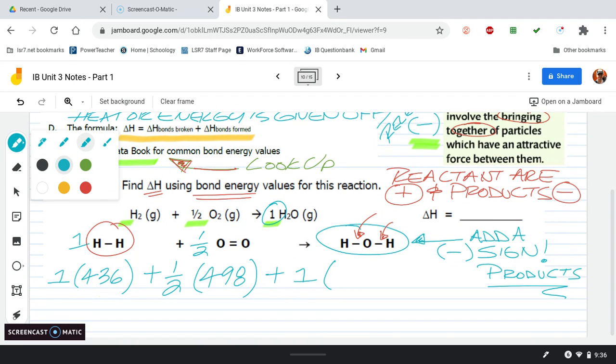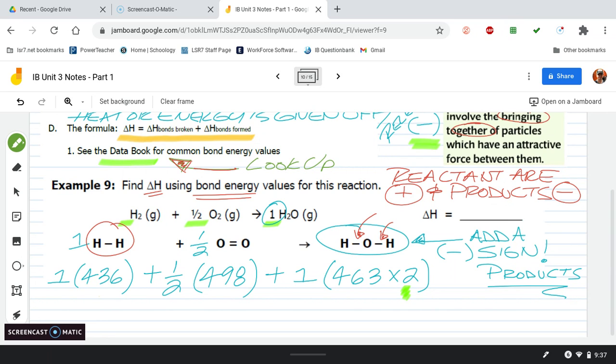It's going to be 463, but wait a minute, times 2, because why did I do times 2? Because there are 2 of them up here.